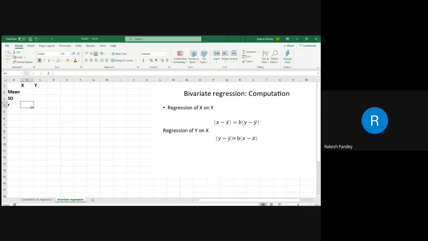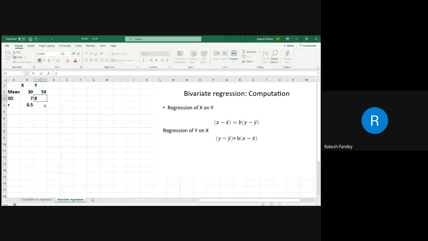Say these two variables have a correlation of 0.5. Suppose the mean of x is 30 and the mean of y is 54. SD x is say 7 and SD y is 8.